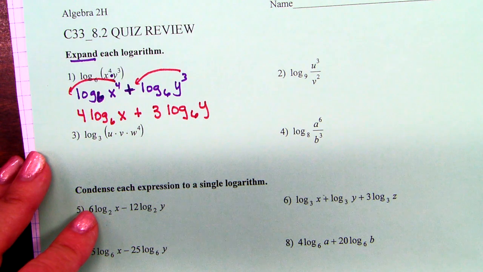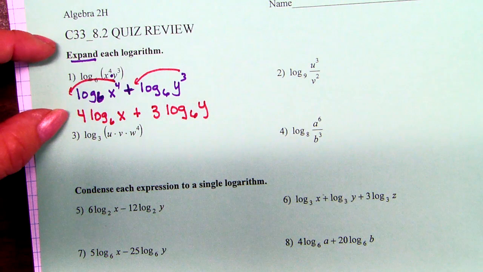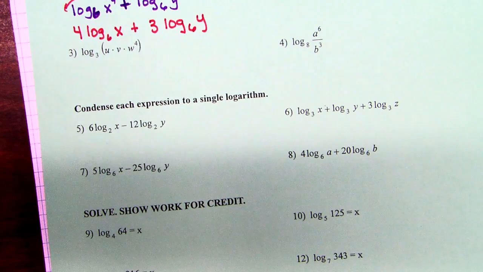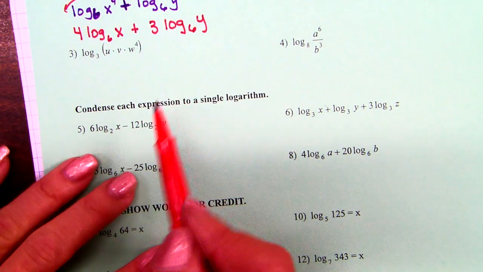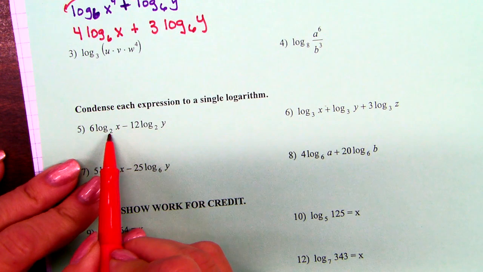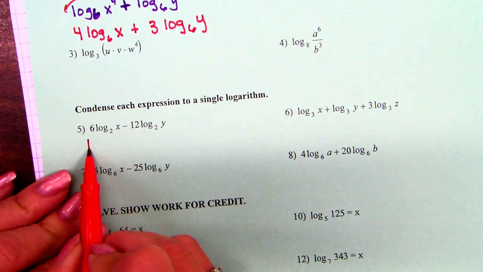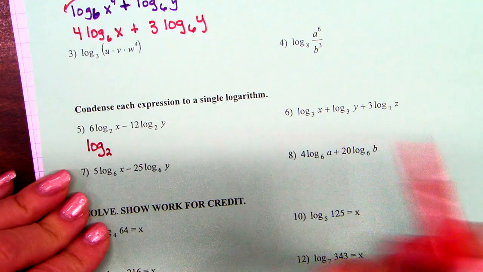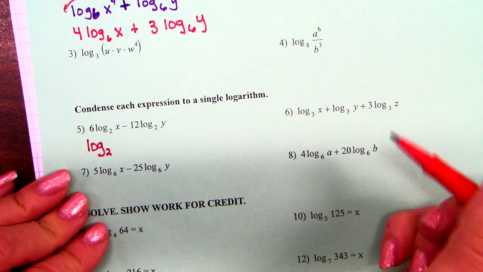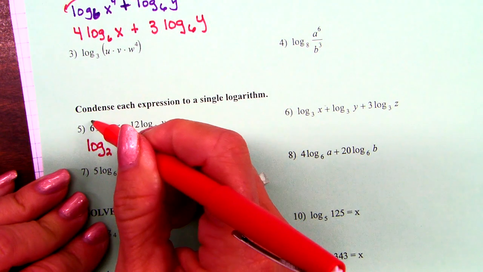Okay? So that's expanding. Condensing into a single log is just the opposite. We start with our log base 2. See how there's two terms here. They both have a log base 2. That's what's going to go out in front. Okay? Then remember, if there's a number in front, now we're going the other way.